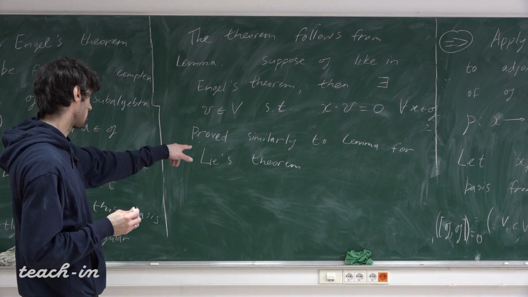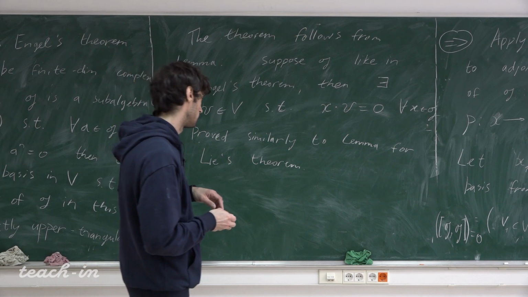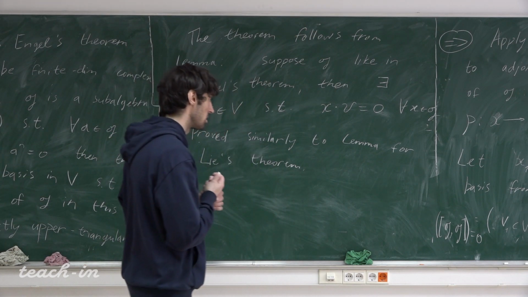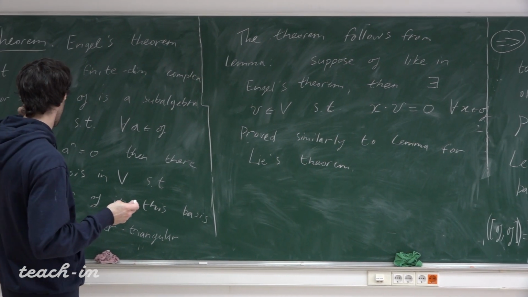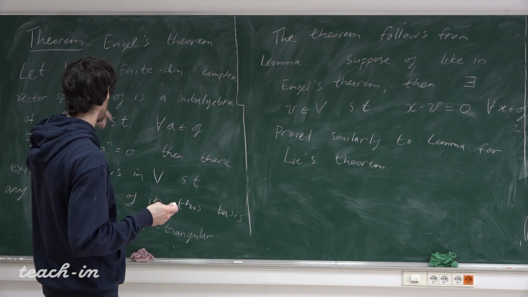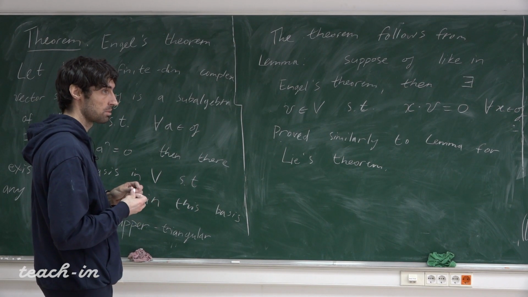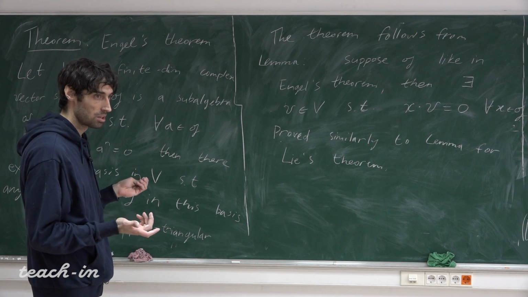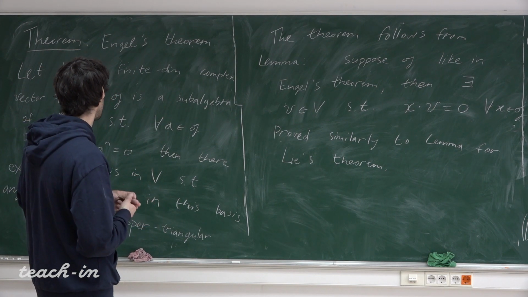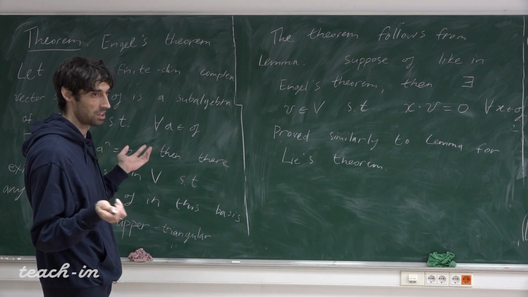So the lemma for Lie's theorem we are yet to prove. Let's see. There is a corollary for this theorem, which is sometimes also called Engel's theorem. Depending on the book you read, we will call both of them Engel theorem.